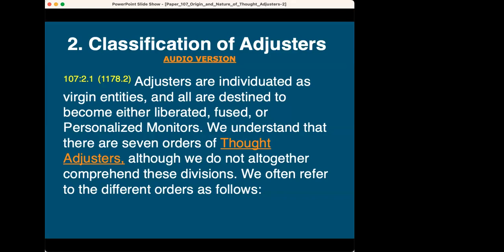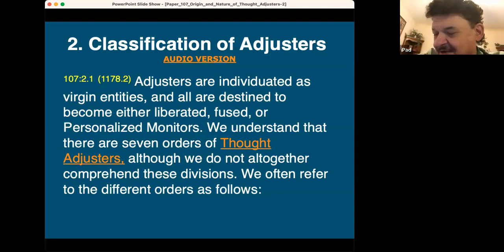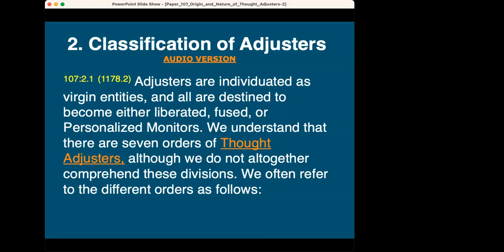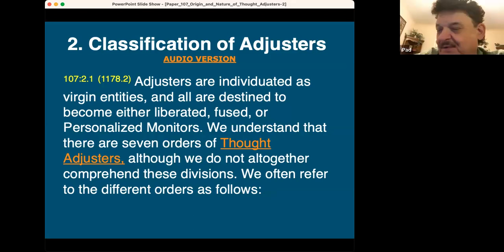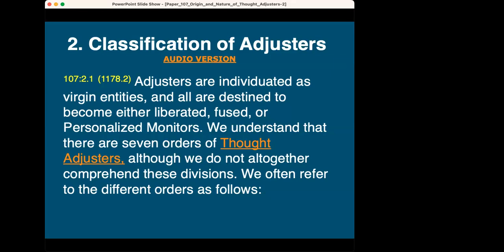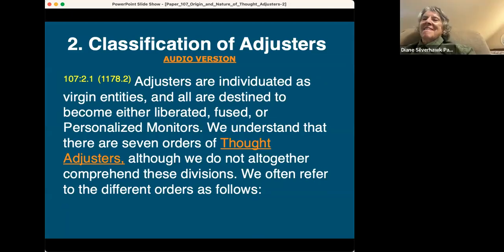You're saying some of our leaders may have had advanced adjusters, maybe not present leaders, but great people in the past. Yeah, that's right.